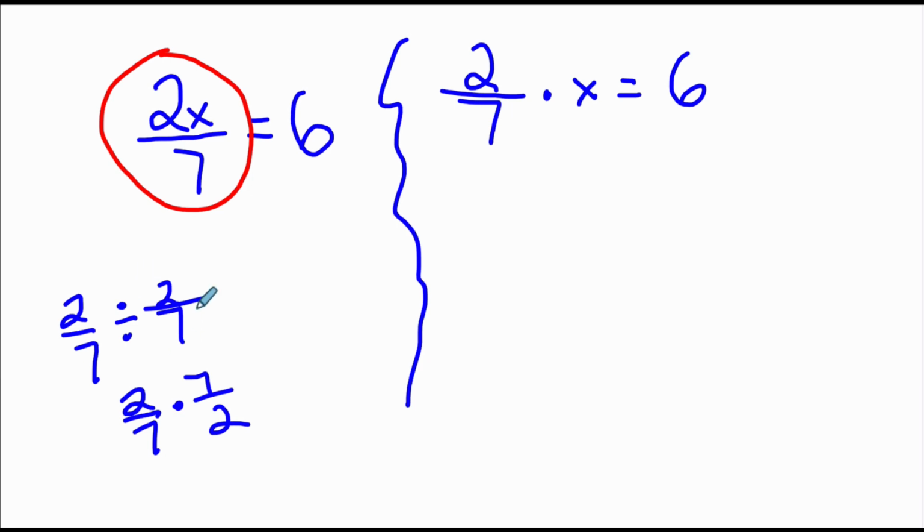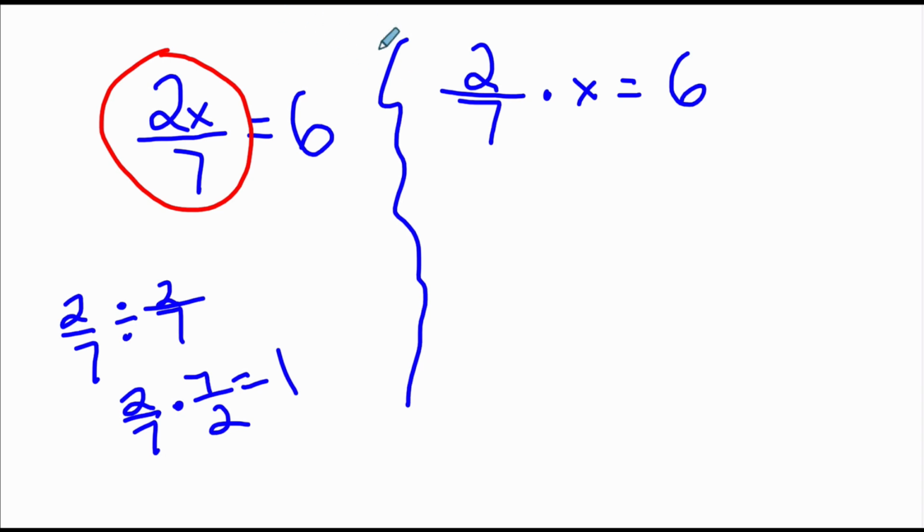Remember, division by a fraction is really multiplying by the reciprocal. So over here, I can save myself some time: anytime you see a fraction that's being multiplied and you need to do the inverse operation, which is division, I would just jump right into that.